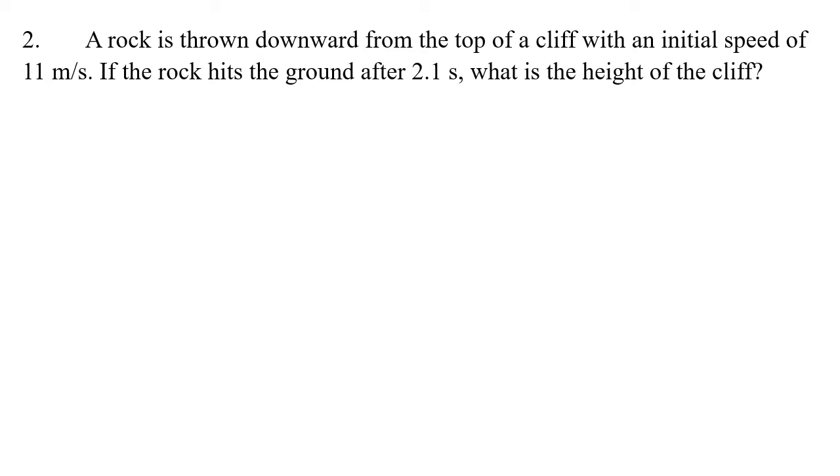All right. Number 2. A rock is thrown downward from the top of a cliff at a speed of 11 meters per second. If the rock hits the ground after 2.1 seconds, what is the height of the cliff? VO equals 11. It's thrown downwards, so it's going to be negative 11.